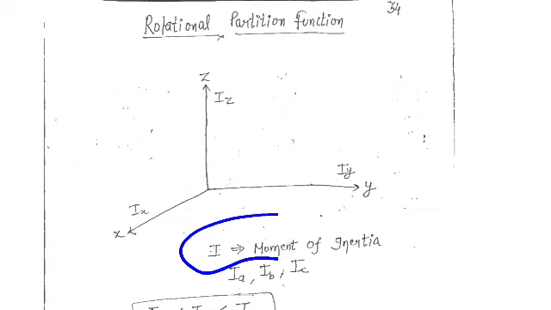All the things that are associated with mass in translation will be equally associated with the moment of inertia in rotational motion. The role that mass plays in translation is the same role the moment of inertia plays in rotational motion.